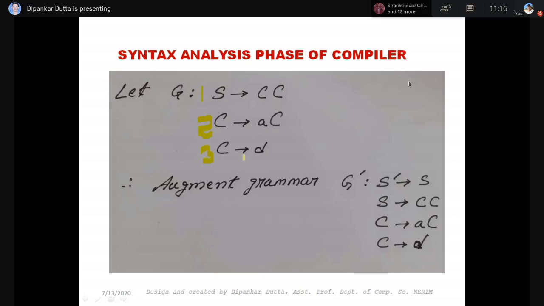Because in the CLR parsing table we will write R1, R2, R3, like reduce 2, instead of writing reduce C implies cC. So write 1, 2, 3 as a remedy for this confusion.